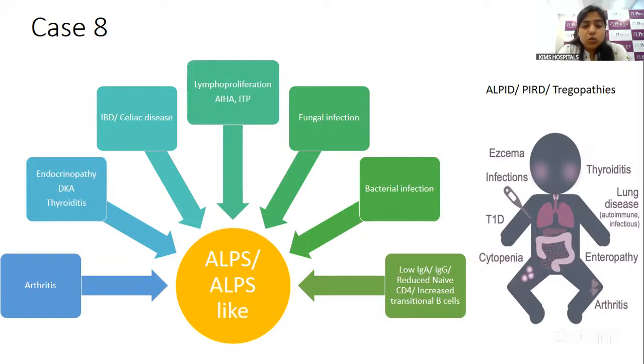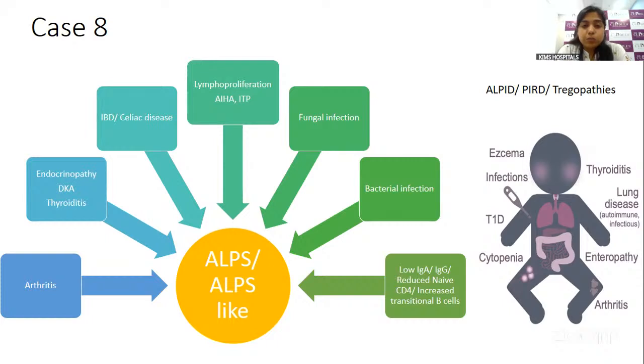So when there are so many symptoms with an infection and autoimmunity, we generally call that an immune dysregulation disorder, or otherwise ALPS or ALPS-like disorder. Nowadays the name is ALPAD, or a few people say it's a dysregulation in T regulatory cells, so it's called T regopathy.